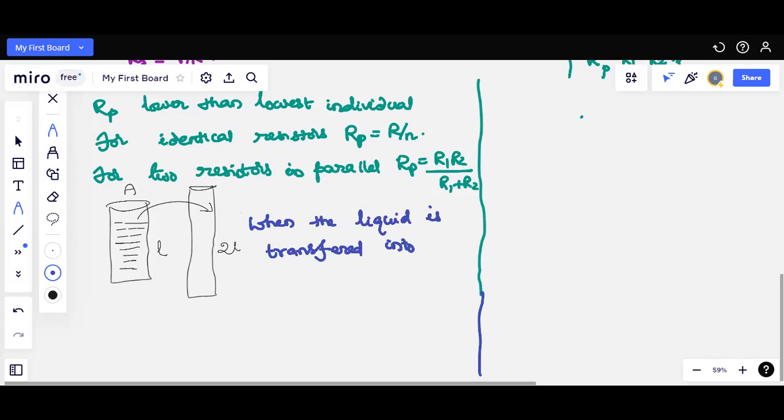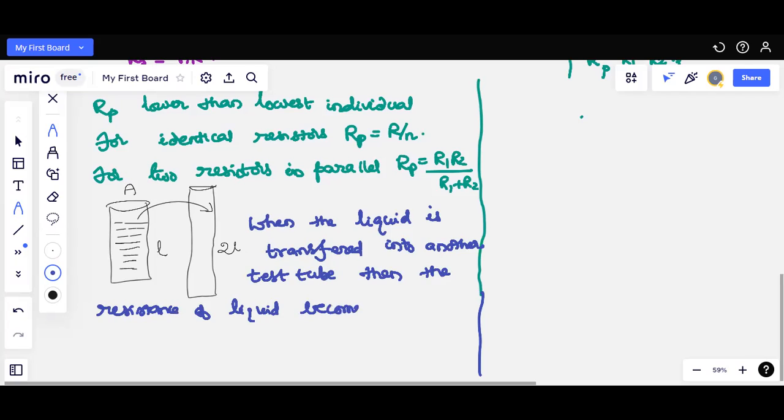The question is, when the liquid is transferred into another test tube, the resistance of the liquid becomes what? If you transfer it to double the length, the length of the liquid becomes 2L, and the volume of the liquid remains the same there and here.